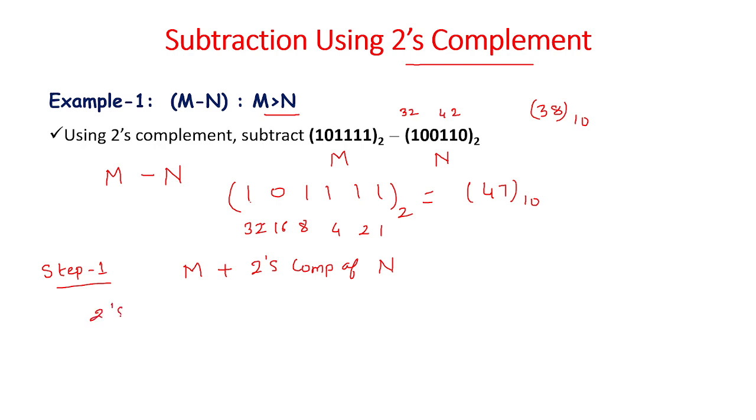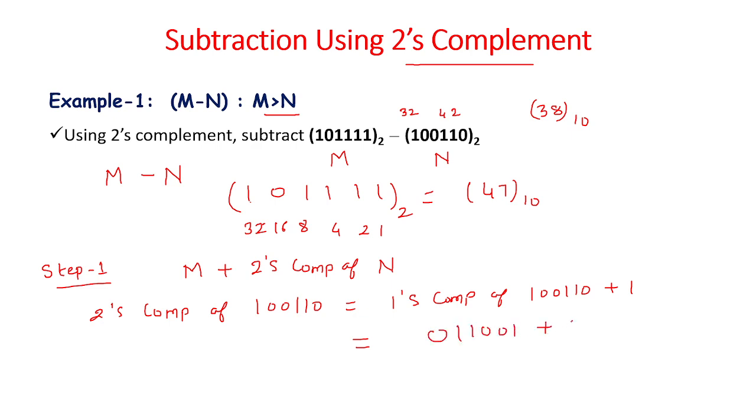The 2's complement of 100110 is nothing but the 1's complement of 100110 plus 1, which is 011001 plus 1, and this is equal to 011010. So this is the 2's complement of 100110.